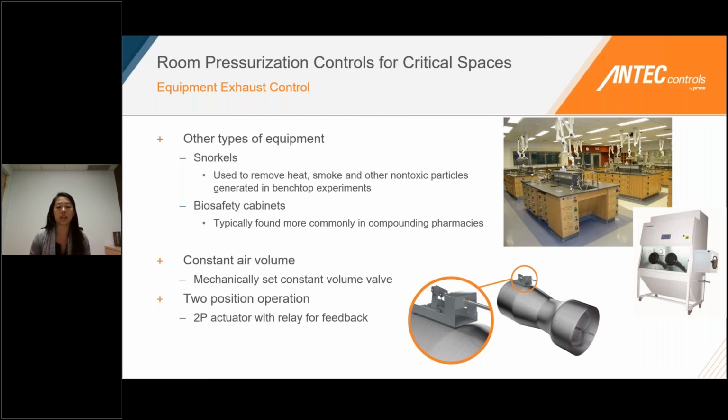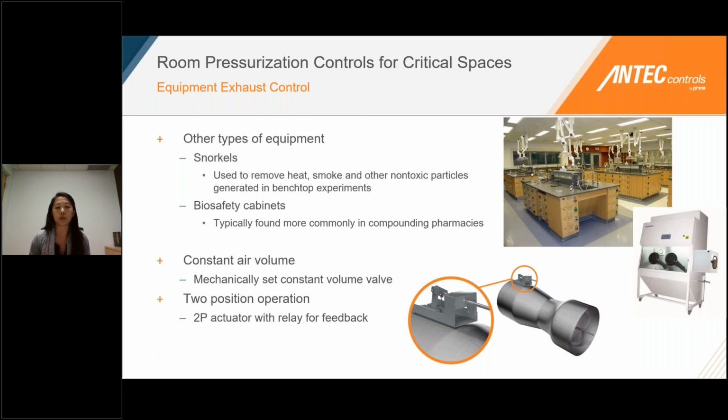So in both cases, there are two ways you can operate equipment exhaust. So you can have constant air volume or a two-position operation. And so constant air volume is exactly that, is that we are constantly exhausting the same amount of airflow.